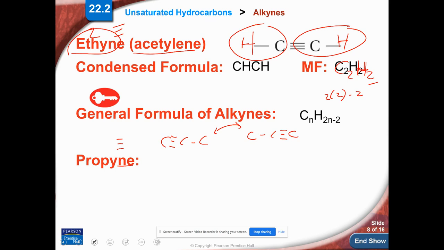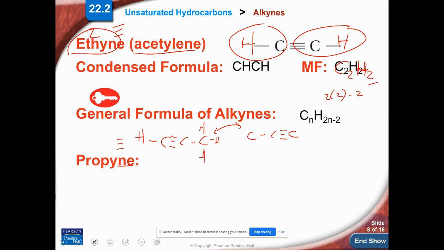It's still attached the same way, it just depends on which way you're looking at it: from the front or from the back. And then every carbon gets 4 bonds around it. There's already 4 around that second one, and then I need 4 more here. So H, H, and H.